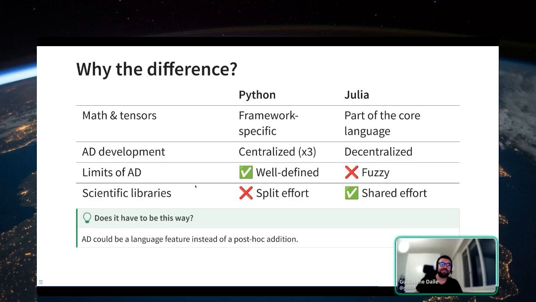In Python, the limits of automatic differentiation are very well defined because as long as you stay within the field of experimentation that PyTorch or JAX allows you, well, you can't really go wrong, right? It's sort of a very well-defined area in which you're allowed to play around, and everything you do will always be differentiable.